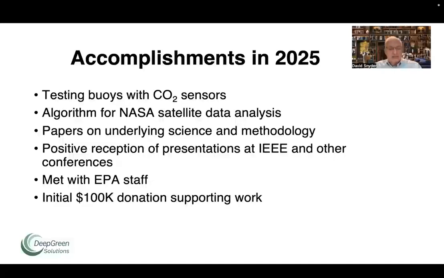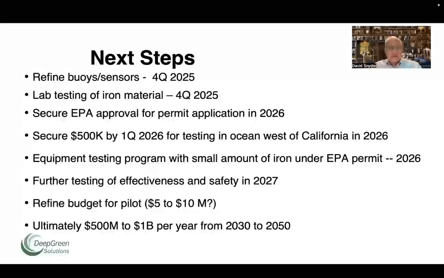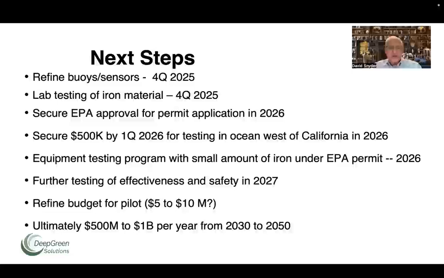Our work has been enabled by an initial $100,000 donation earlier this year, and we're planning to do more work this year on refining the buoys and sensors, lab testing the iron material, and getting that permit application submitted for approval in 2026. The EPA review process is a minimum of 6 months.